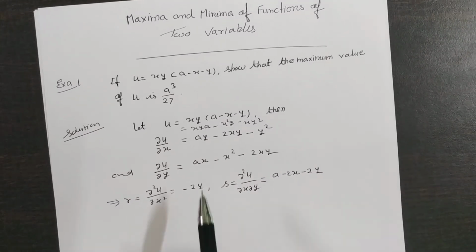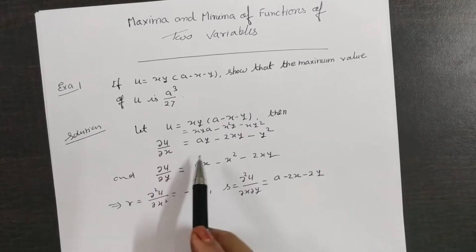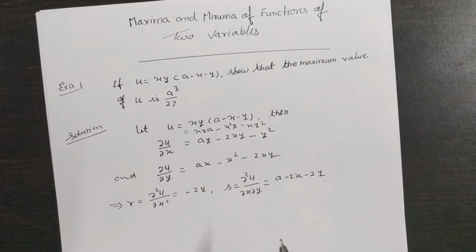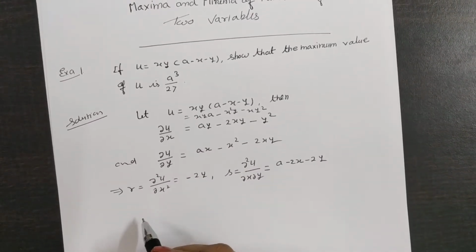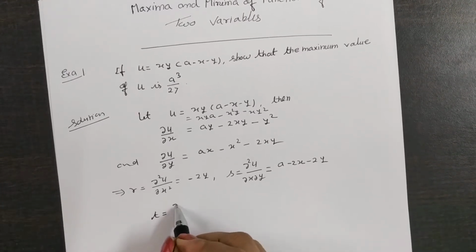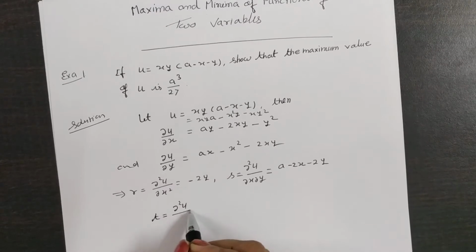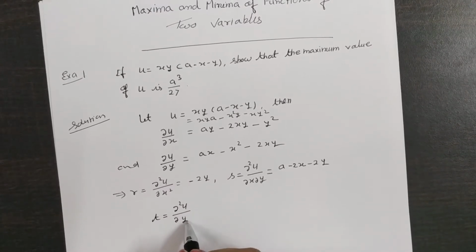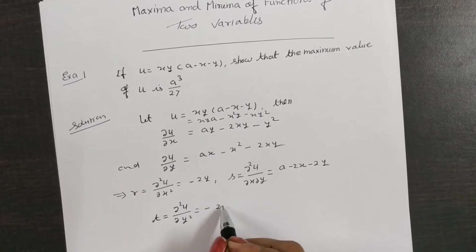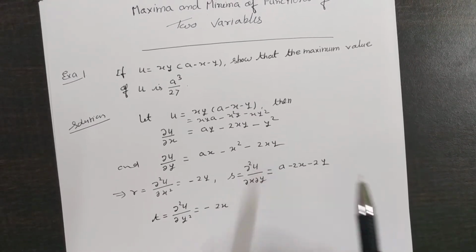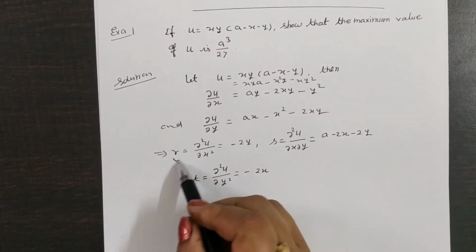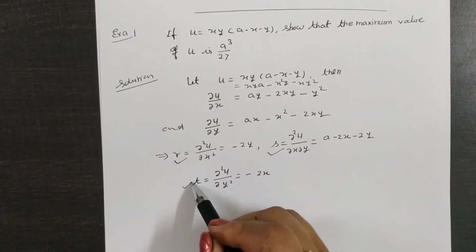And t, which is del 2u by del y2, is equal to minus 2x. So you get the values of r, s, t.